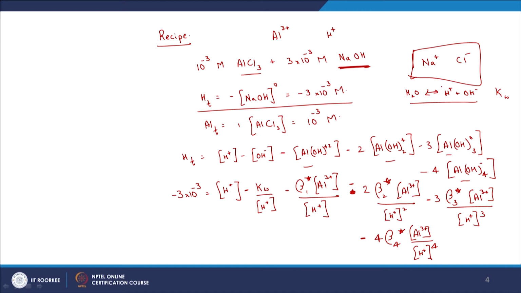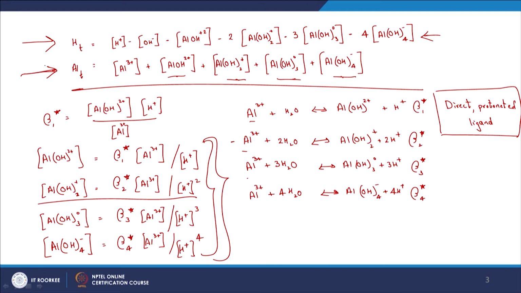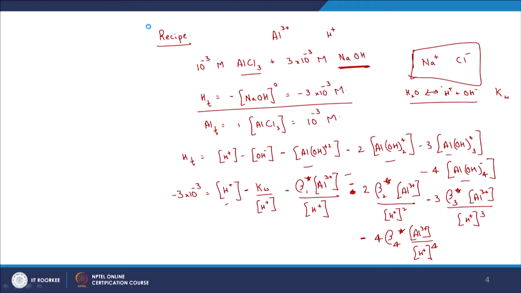So here we have an equation with two unknowns, right. What are they? H+ and Al3+. So obviously we need another equation, and that equation is going to come from Al total. What is Al total in our case? Al total in our case was 10^-3 molar, right.